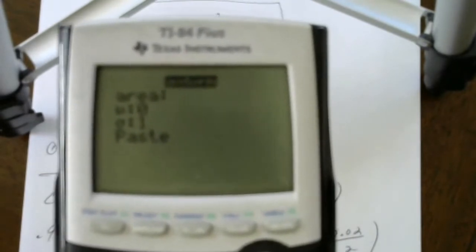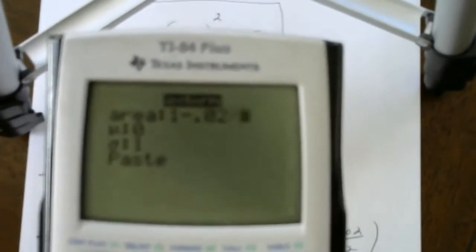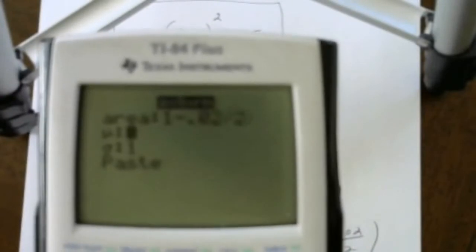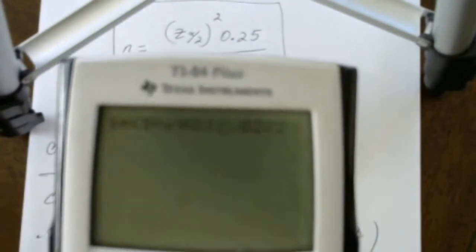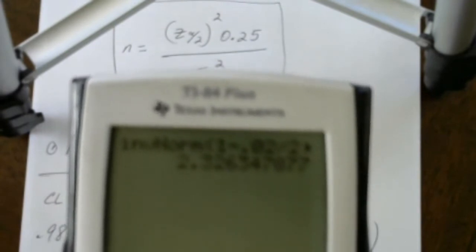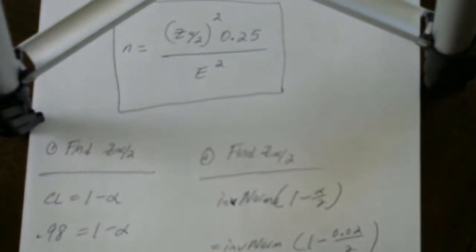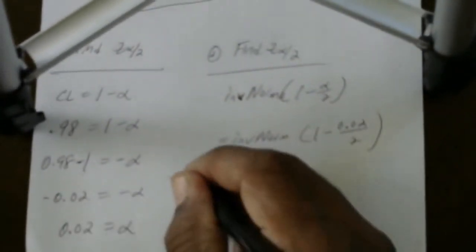I'm going to clear that out. I'm going to put in 1 minus 0.02 divided by 2. My mean is 0. My standard deviation is 1. I hit enter, and I get 2.33. All right, so my Z alpha over 2 value is 2.33.